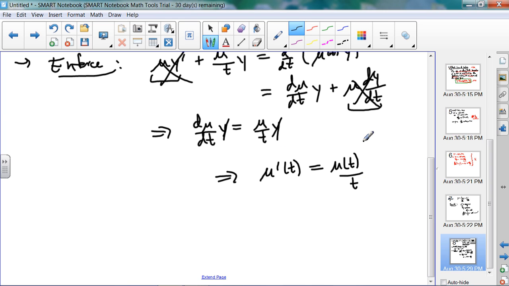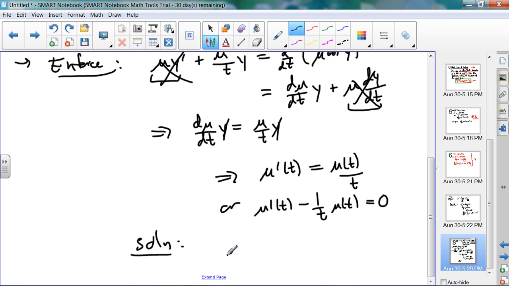This is exactly a first order homogeneous equation. And to see that, we can rewrite it in its more common form like that. Okay? So this equation we know how to solve pretty easily. We know that the solution is mu of t is some number times e to the integral of this quantity here, 1 over t dt.